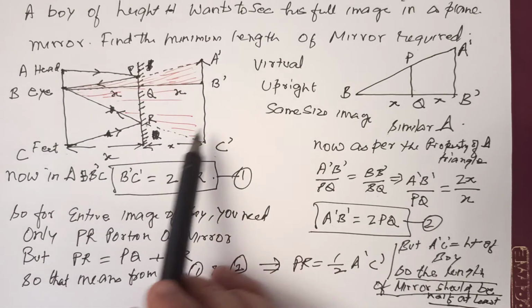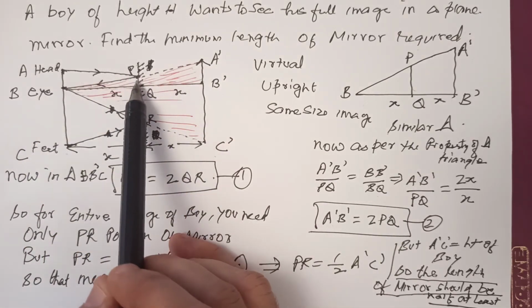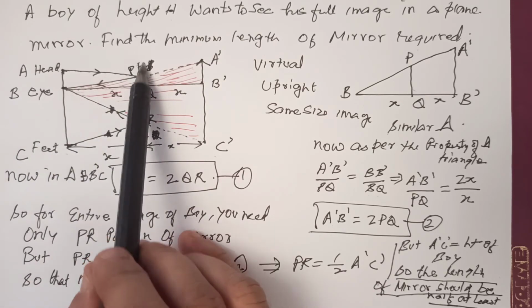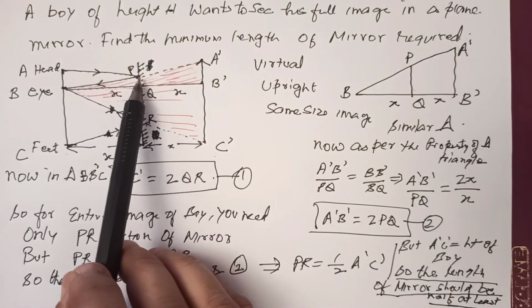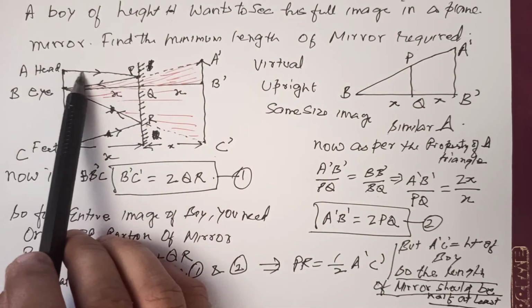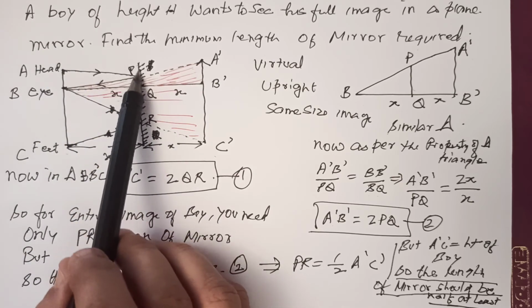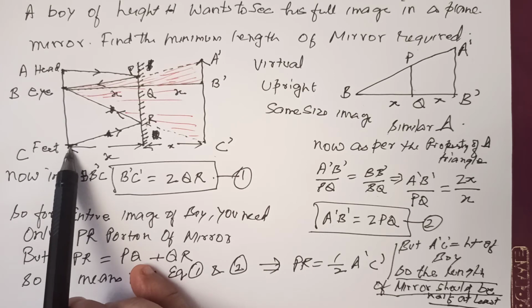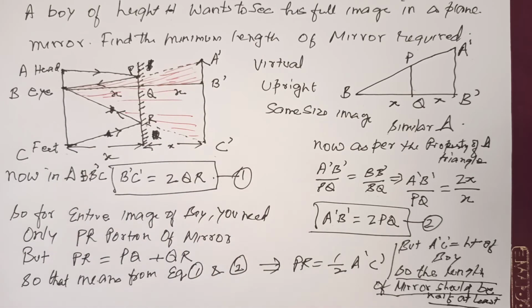Now if you look at this diagram, you will see that anything of the mirror beyond P is useless. We can cut it off because at P we are including the head and there is nothing beyond the head. So this portion is not required. In the case of the feet, the feet are shown here at R, so this portion under R is removable.